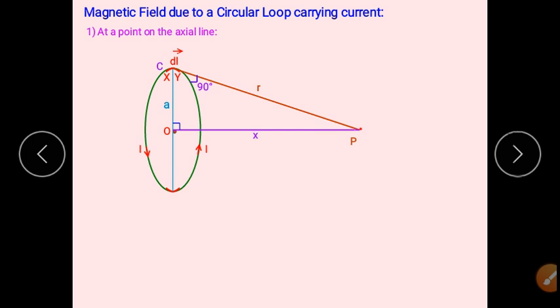So use your right hand, stretch your thumb in the direction of dl, that is, out of the plane at the point of xy. Then stretch all other fingers just like r. Then see in which direction the palm points. This direction now. Yes, this is the direction of dl cross r and hence the direction of dB.